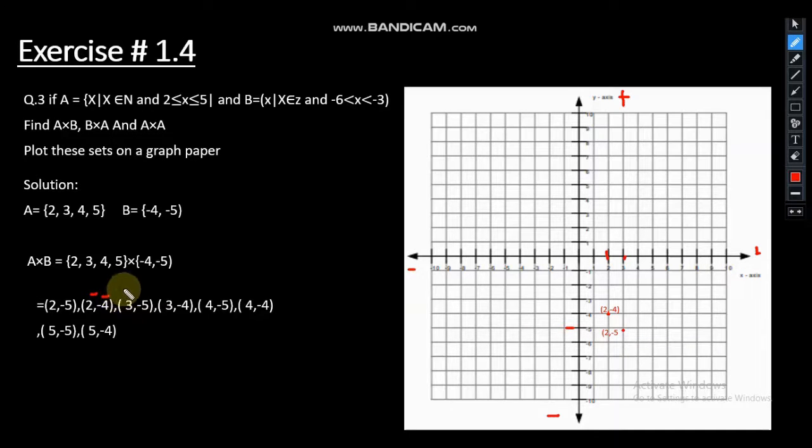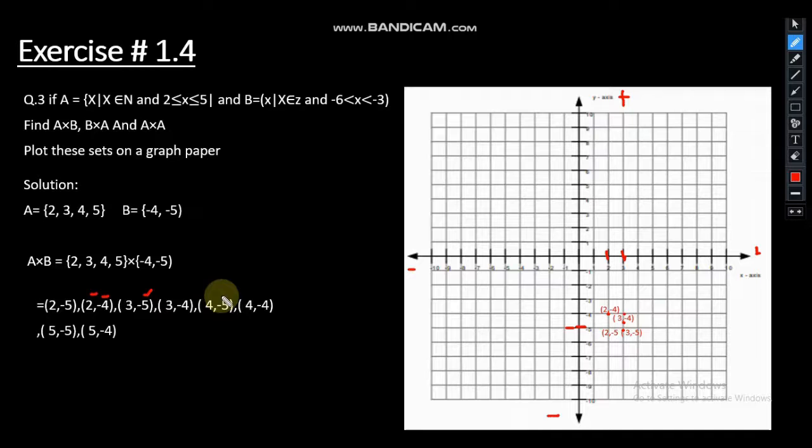Now (3, -5). We write 3 in the x-axis direction, 1 2 3 here, and -5 in the negative direction of the y-axis. So we write it at this coordinate. Now 3 on the positive x-axis and y is -4, so we write this point here, (3, -4).